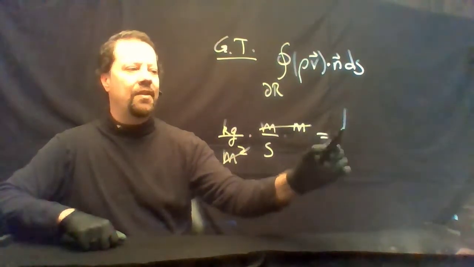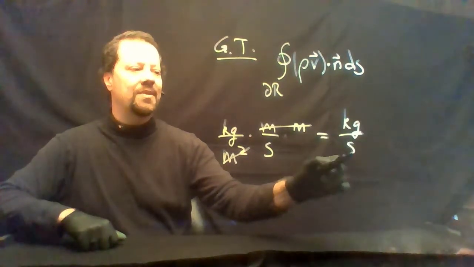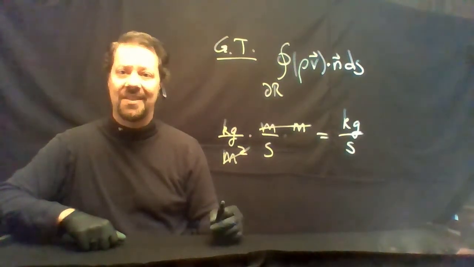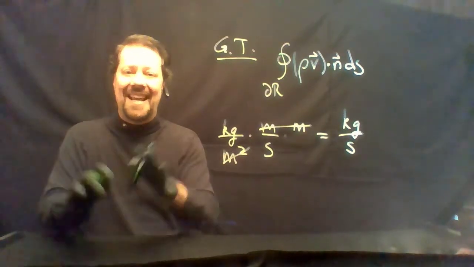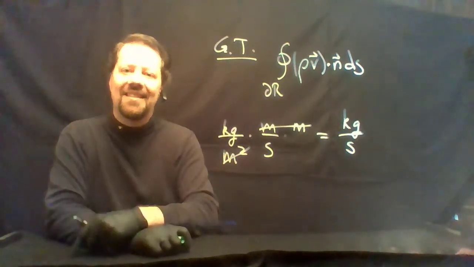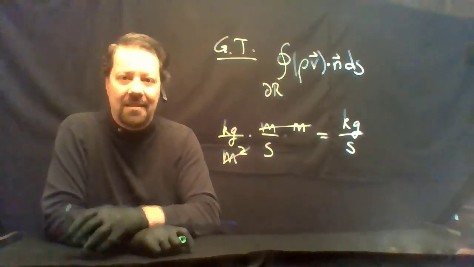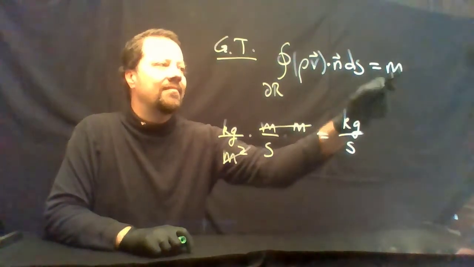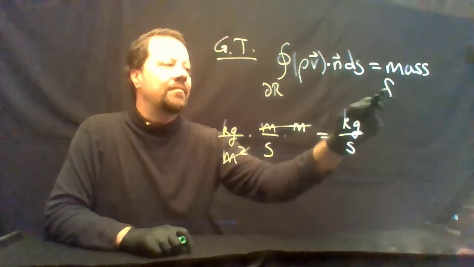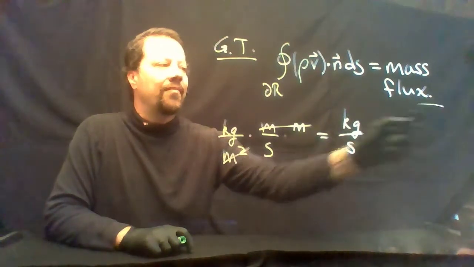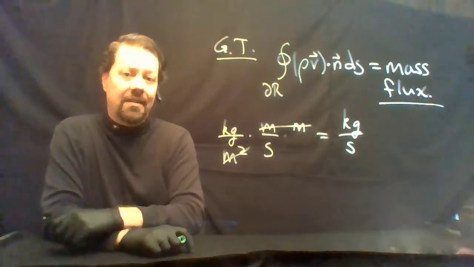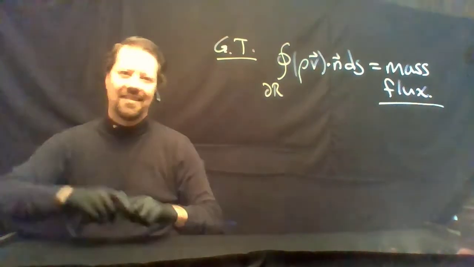The units that are left over are kilograms per second. What we get is the rate at which mass is exiting the region. This is called the mass flux. The units of mass flux are kilograms per second.